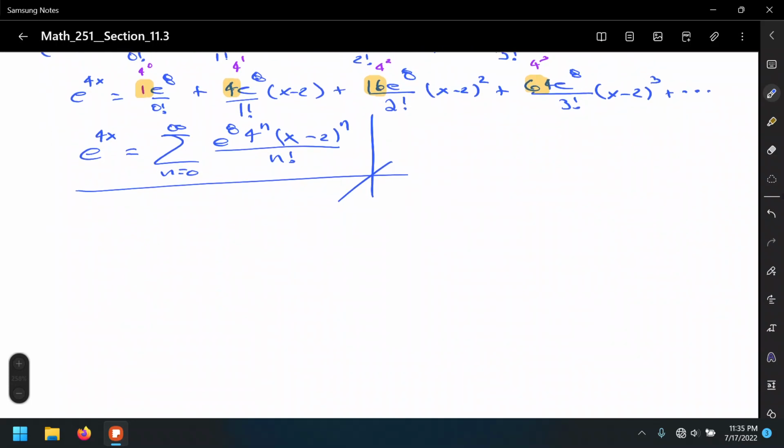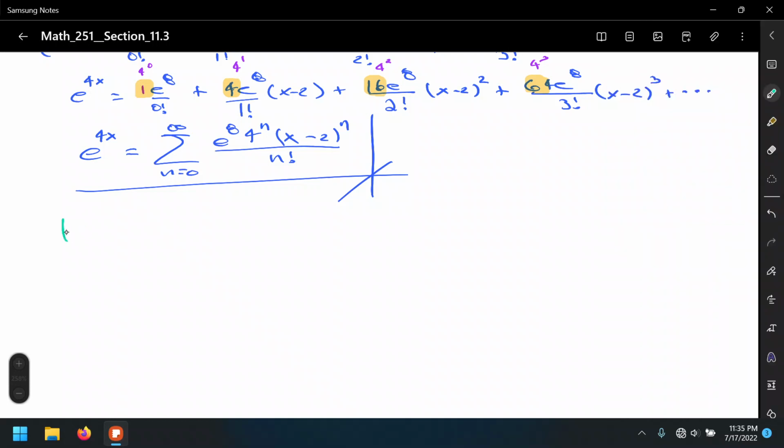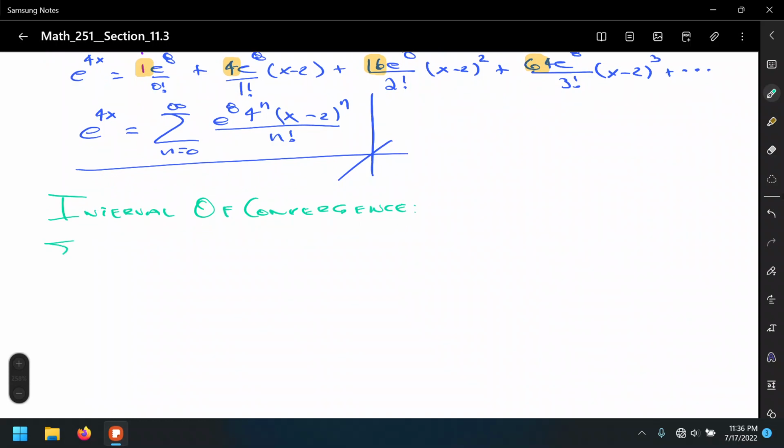Can we use a different color here for the interval of convergence? So for the interval of convergence, okay, let's start with the series again.